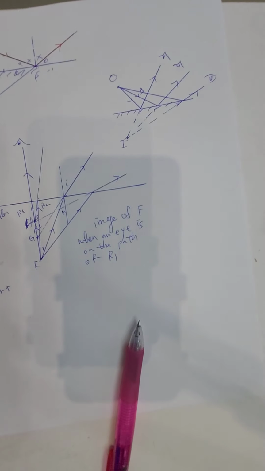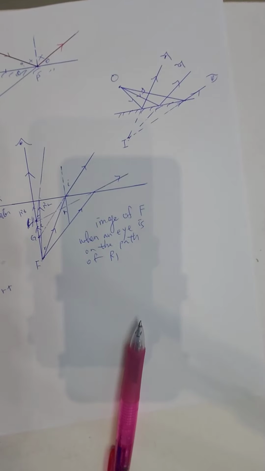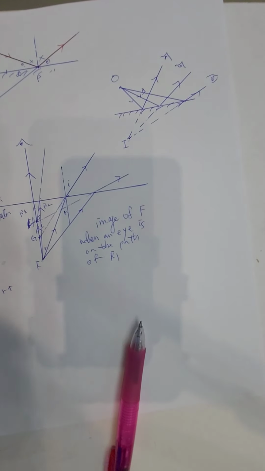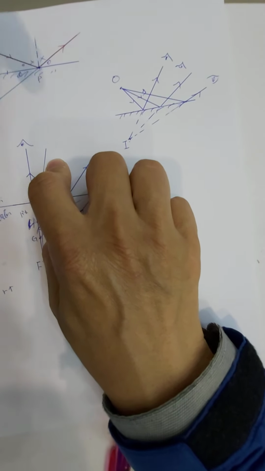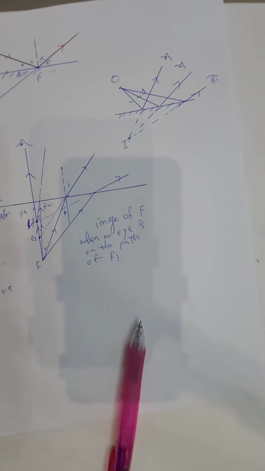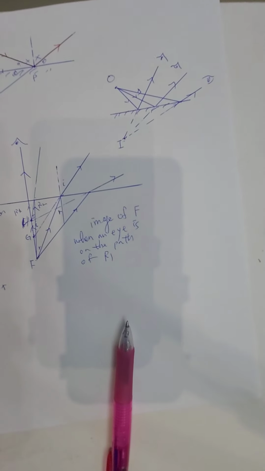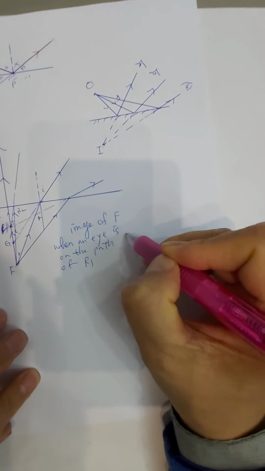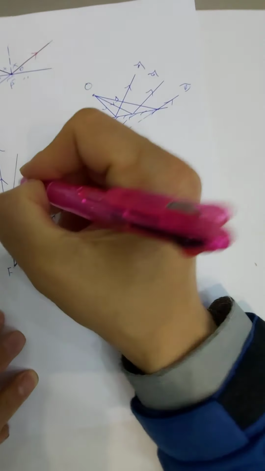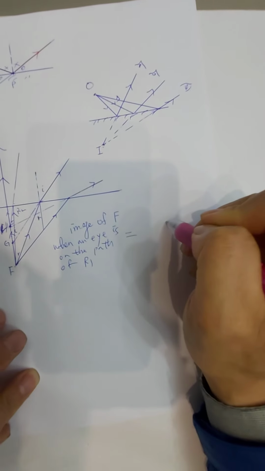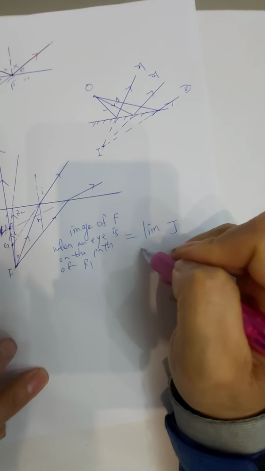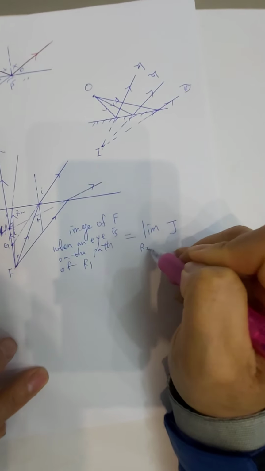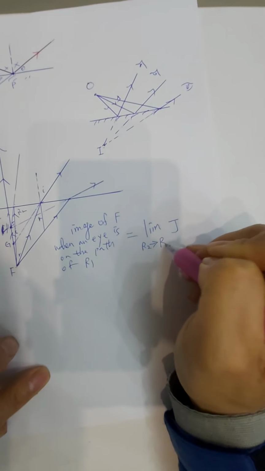However, there are no neighboring rays. No matter how close, there's a gap between the two rays, and there are rays between them. So in mathematics, we have a way out. The intersection point is J, but we take the limit as the ray R2 tends to R1.